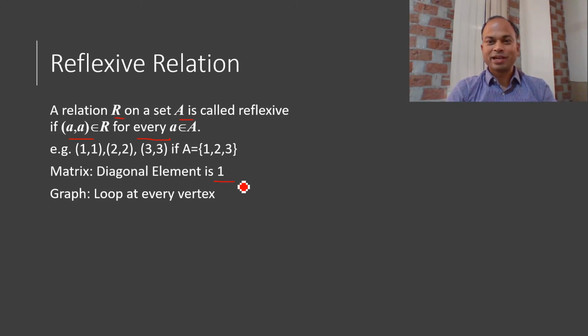If a diagonal element is 1, then A is related to A itself. All the values of the diagonal should be 1. If we talk about the graph representation, then we need a loop at every vertex. I mean if A is related to A, then we have to draw a directed edge from A to A. I mean a loop is required. We need to draw a loop at every vertex. So in this way, we can represent a reflexive relation using matrix and graph.